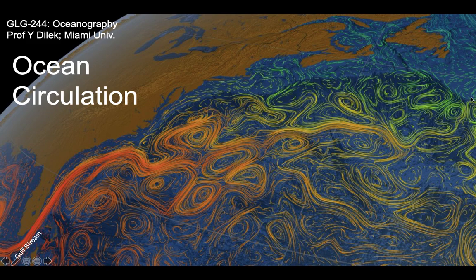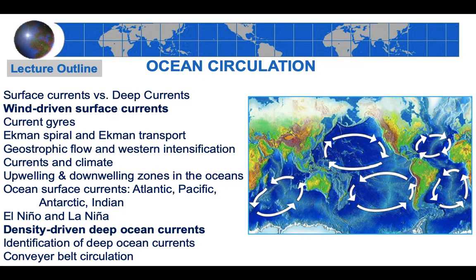One goes to the north and becomes the North Atlantic Drift, and the other one goes to the east towards the Canary Islands.